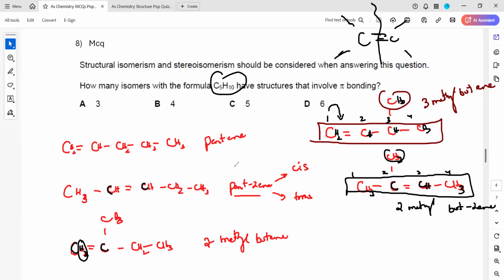This cannot be a geometrical isomer. Why? Because as you can see, the carbon-carbon double bond is bonded with identical CH3 groups. This is CH3, this is also CH3. So because identical groups are attached to a carbon-carbon double bond, it cannot have a geometrical isomer.